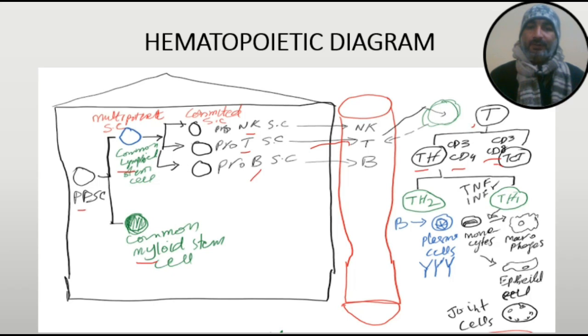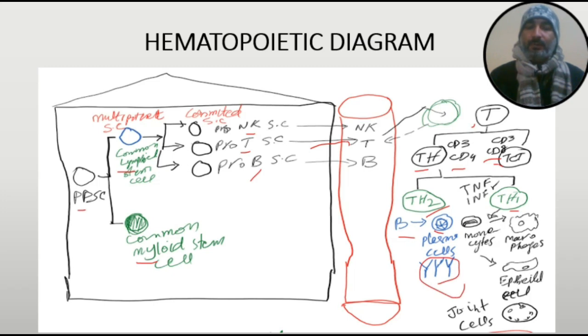Then T helper cells are further divided into T helper 1 cells and T helper 2 cells. T helper 2 cells, as I said, help mature B cells into plasma cells, and plasma cells, we know, secrete antibody.